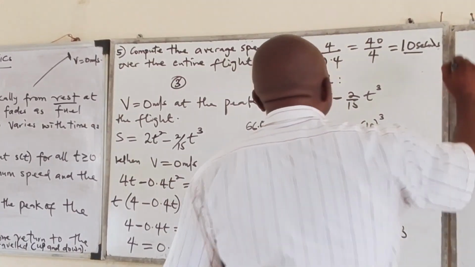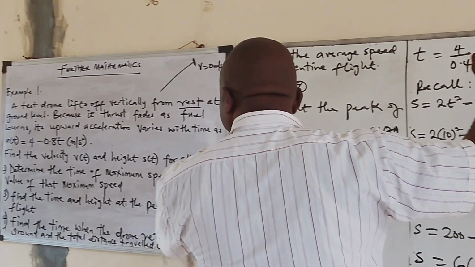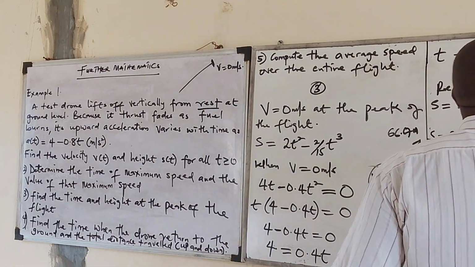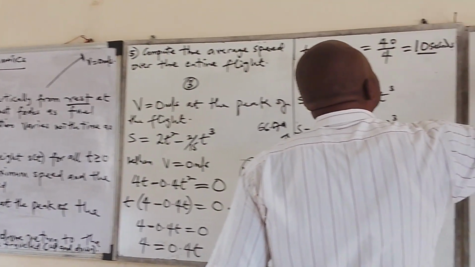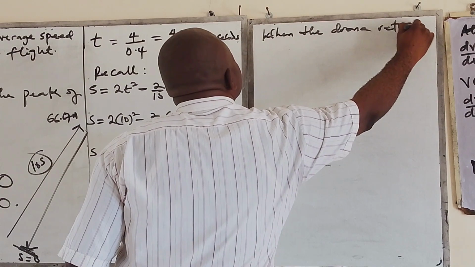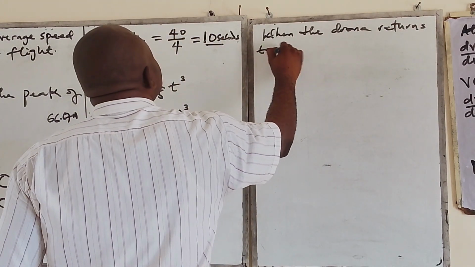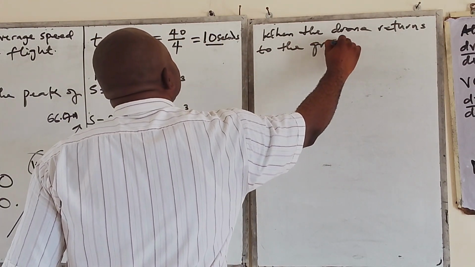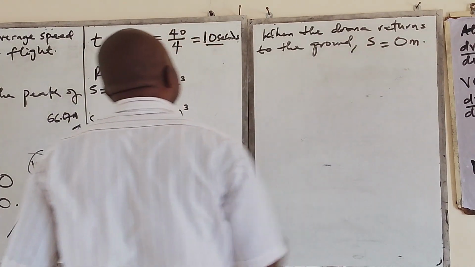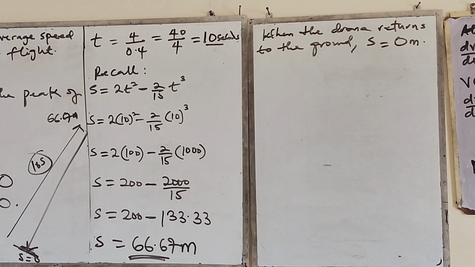So when the drone returns to the ground, s is equal to 0 meters.